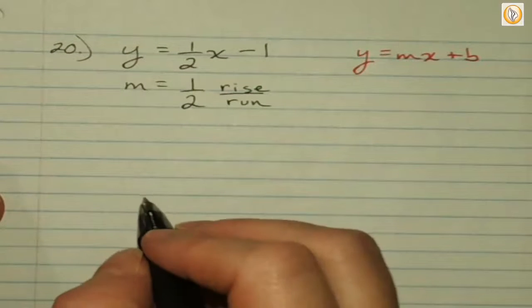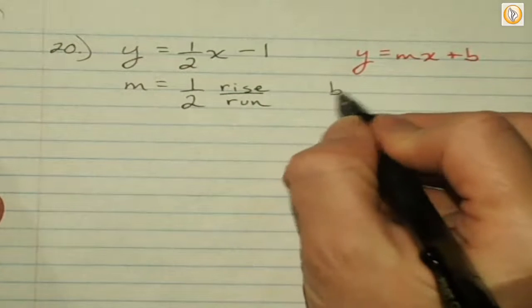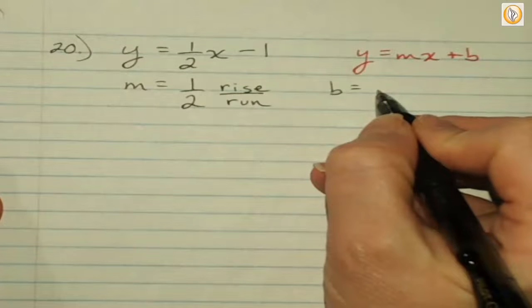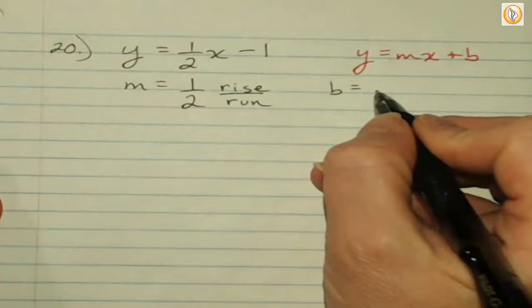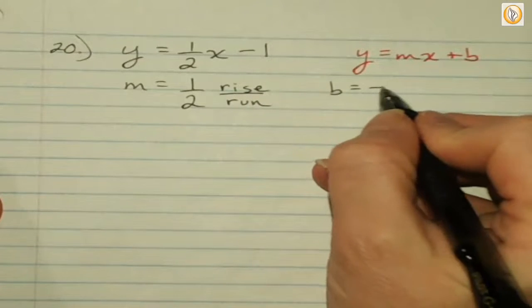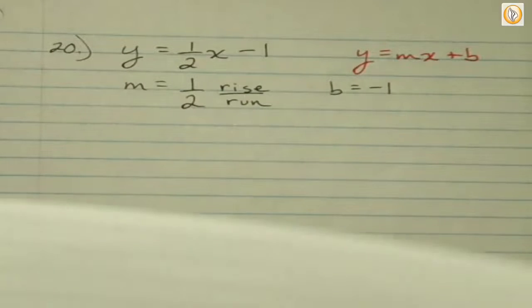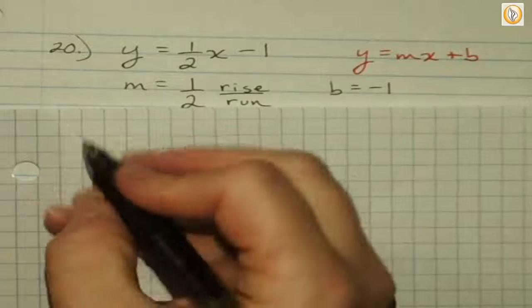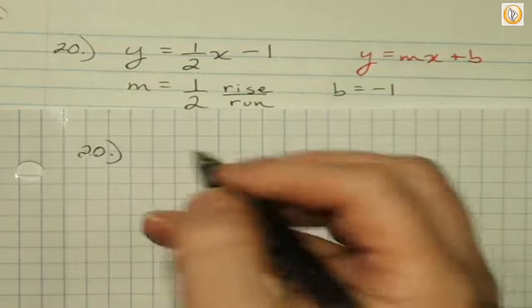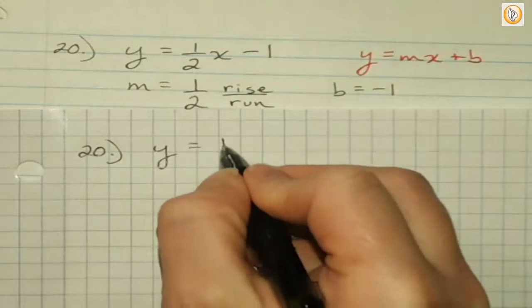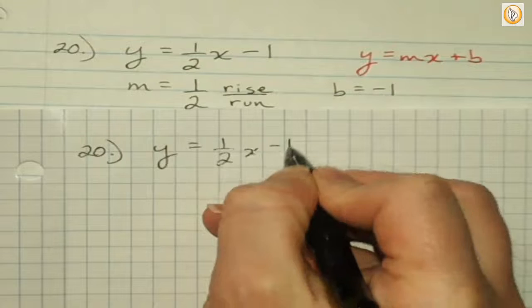What is the y-intercept? -1. All right, so there's my important information that I need to know. Now I'm going to write right here, number 20, and write the equation again.